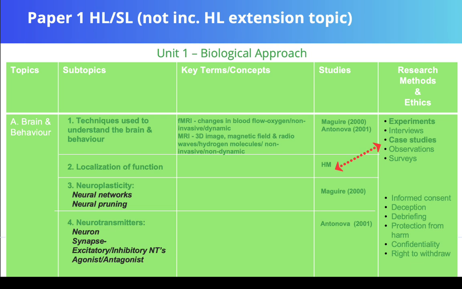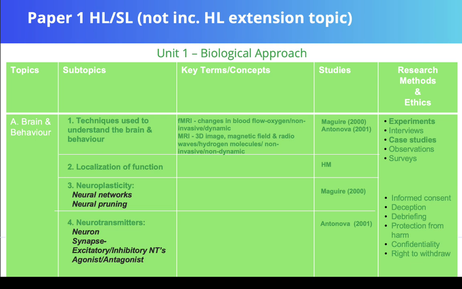So I might, for example, then think about, okay, I don't want to have just all experiments in my column for studies. Maybe I'll have a case study. Then I could talk about a case study and experimental method if I get the question about research methods in relation to the brain and behaviour.